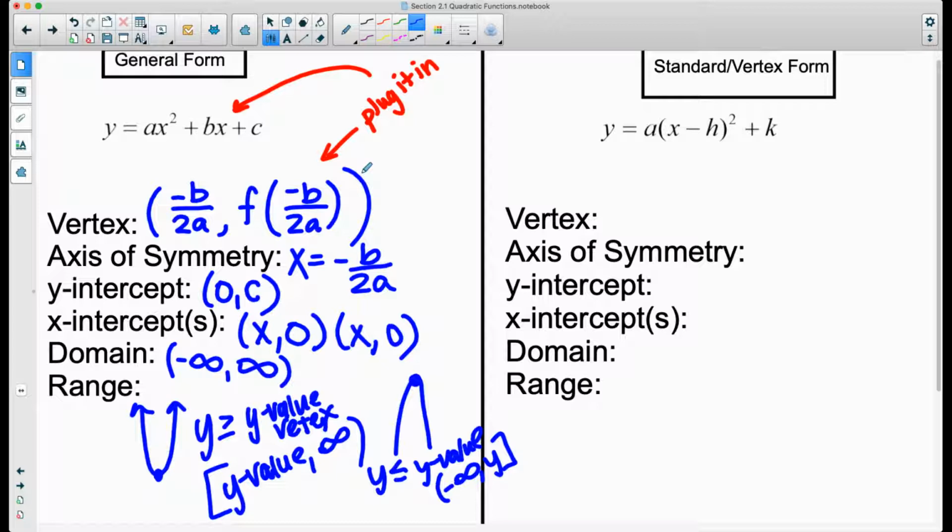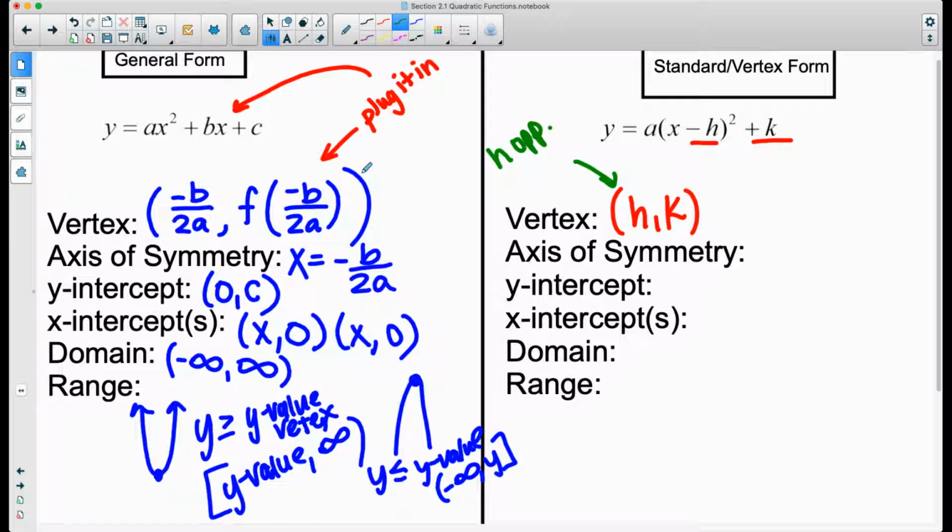Then the next day, you would have probably talked about the vertex form. In this case, they call it the standard form. It's called the vertex form for real because you literally should be able to pull out your vertex. Side note, H is the opposite of what you see.